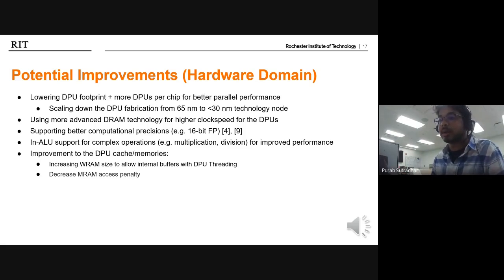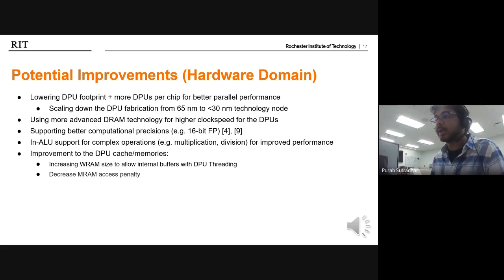Right now, the DPUs are implemented in 65 nanometer technology, and I've heard that it's going to be scaled down in future. So that might be significant scope for performance growth, parallel performance, because with smaller DPUs, we could place more of them, potentially twice as many in each DRAM chip.